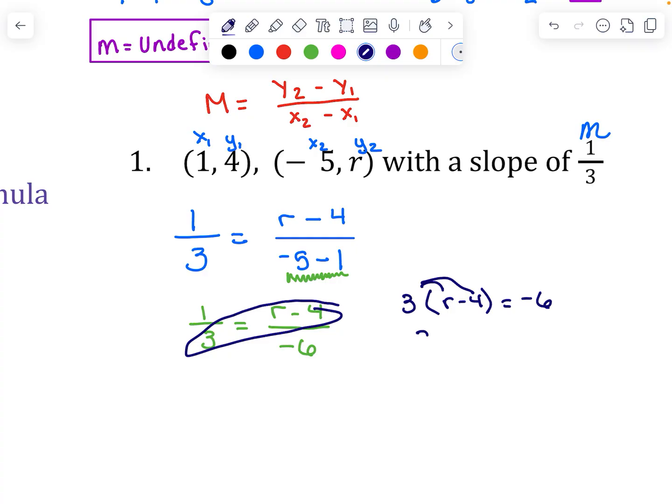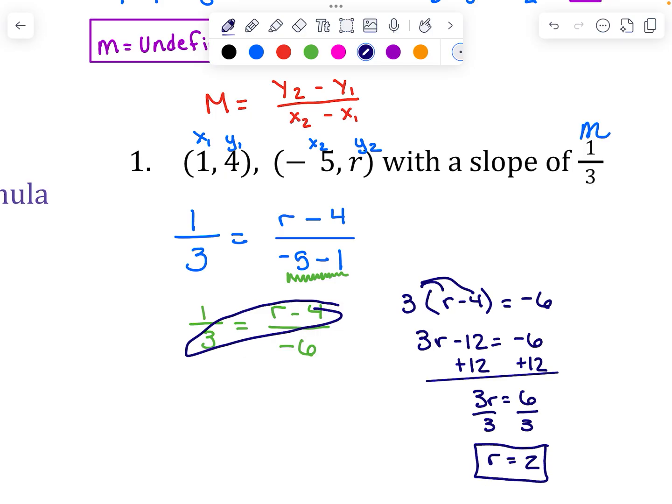We distribute: 3r minus 12 equals negative 6. Add 12 to both sides. We get 3r equals 6. Divide by 3, r equals 2. And there you go. So please email me if you guys have any questions.